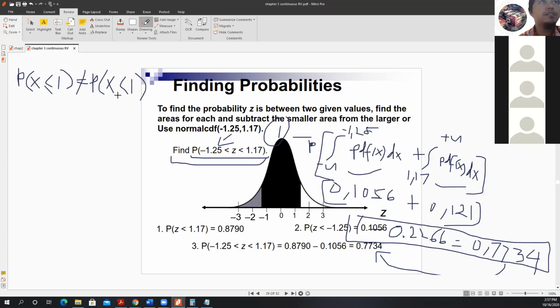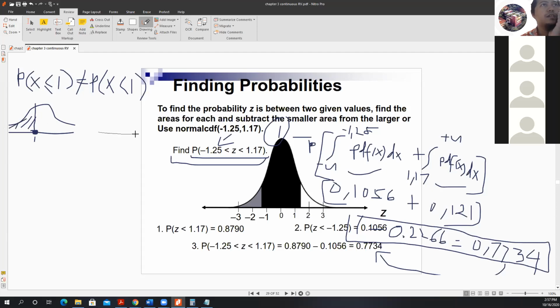You can see here, based on the graph, if we have a 1 here, this one should be included, meaning that maybe we make it black, meaning that this line is included.